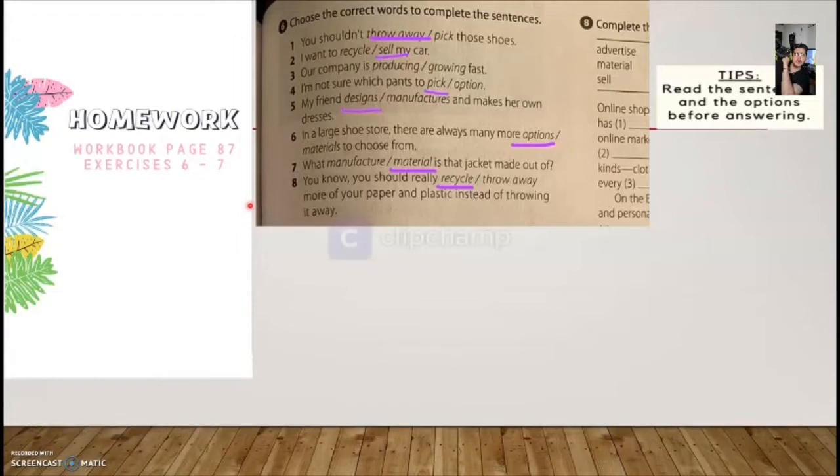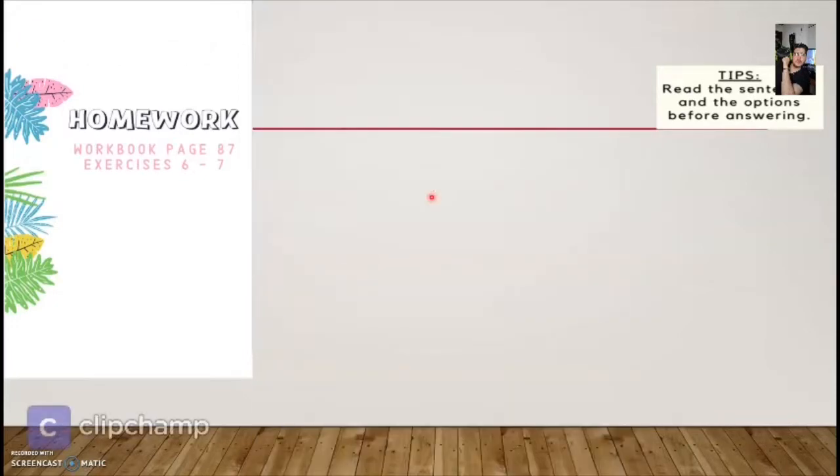Okay, basically the correct option is throw away, because maybe you are talking about old shoes, so throw away something, that is correct. Okay, and you can check your answers. Okay, you can pause the video and copy the answer or try to do it by yourself. Because if you practice, you're going to get a 10 in the exam, okay? So let's continue with the next part.